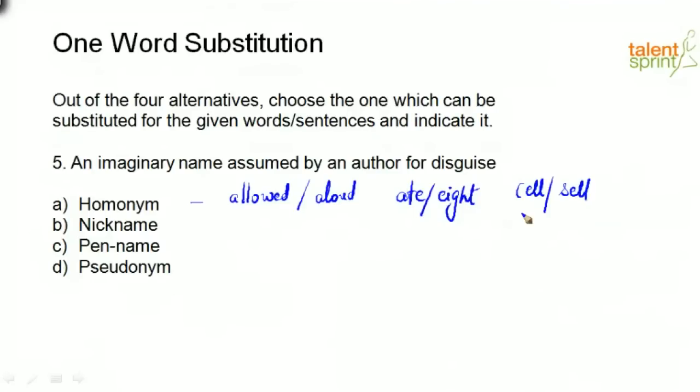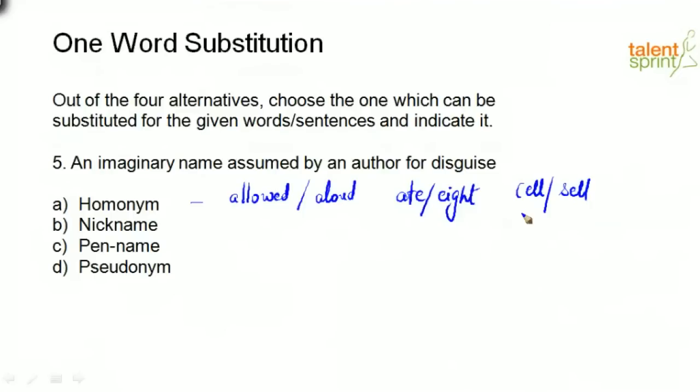A nickname could be just a short name, right? So for a name like Sai Kiran, the nickname can be just Sai or Saki, the first two letters of each word, if you break it down. That's a nickname. Here we're talking about an imaginary name assumed by an author for disguise.